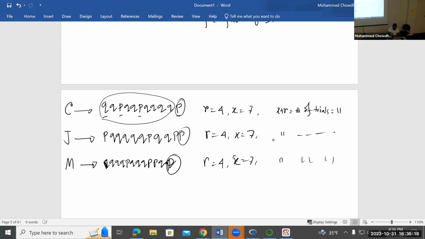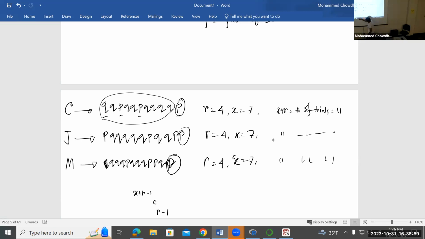In this case, how many successes and failures? There are X plus R minus 1 trials. Why did I put minus 1 here? Because the last one is success, I don't want to consider it. X plus R equals 11, and 11 minus 1, so I do not want to consider that one, because it is always success, okay? And I want to find how many ways this can be combined. That can be combined C R minus 1.